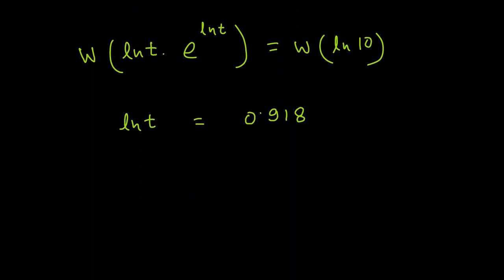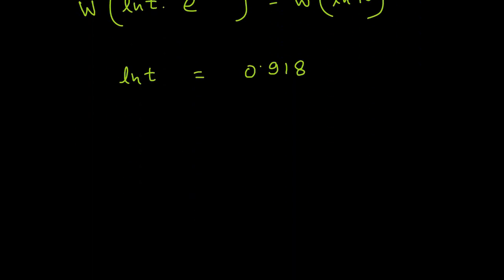Next, if we take e as the base for both sides, we can write e to the power ln t equals e to the power 0.918.